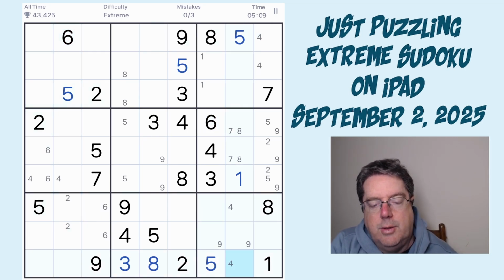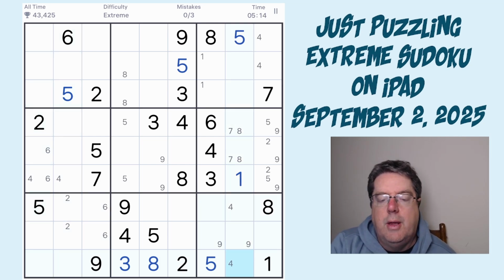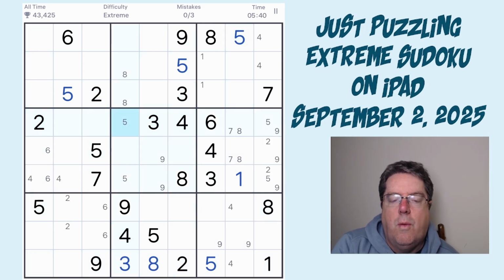So 6 can't be here, so 6 is one of these two. 4 can be in all of those, as can 7. 9's there. 9 can't be there, so 9, 1. So 1, 2, 3, 4, 5, 6, 7, 8.